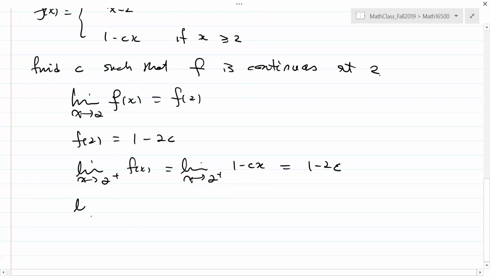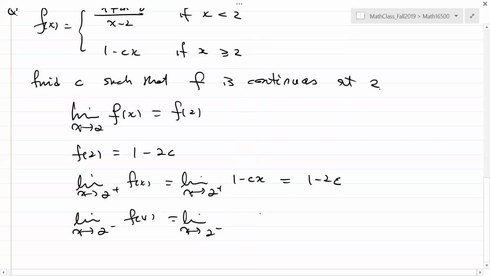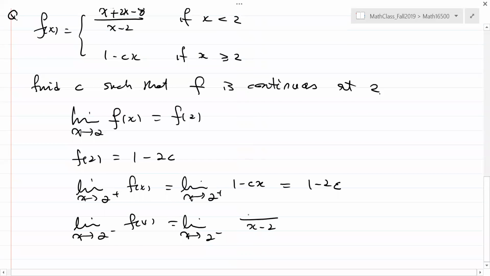The limit from the left, we call the left limit, and you have to use the other piece. The other piece is complicated: x squared plus 2x minus 8 over x minus 2. How do I find the limit? Sometimes if the limit is infinity, then it's impossible to determine the value of c.